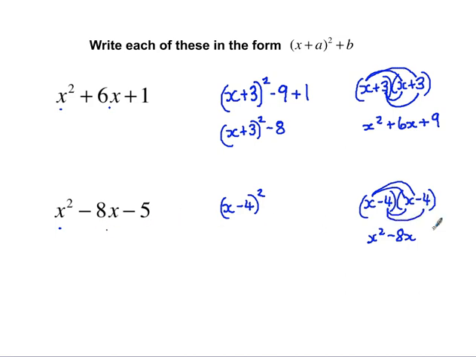But I've also got minus 4 times minus 4, which is positive 16. So I need to instantly take away the 16 to cancel that out, and then I've got minus 5 on the end. So again, tidy it up, and it's x minus 4 all squared, take away 21.